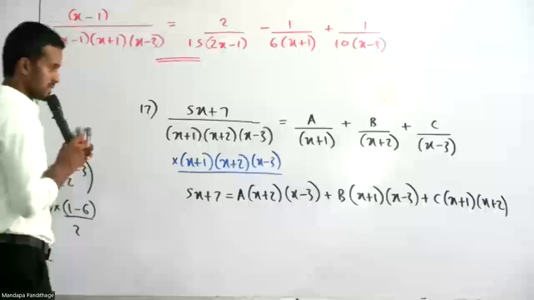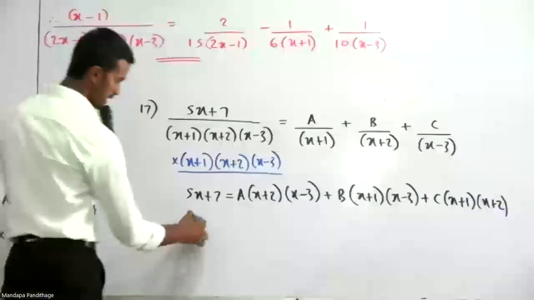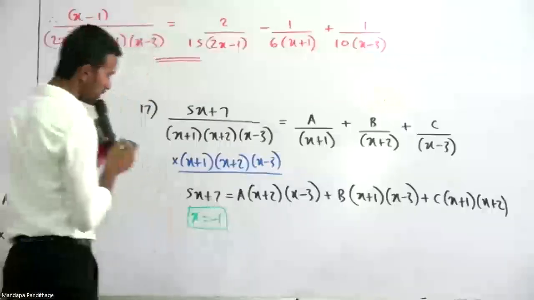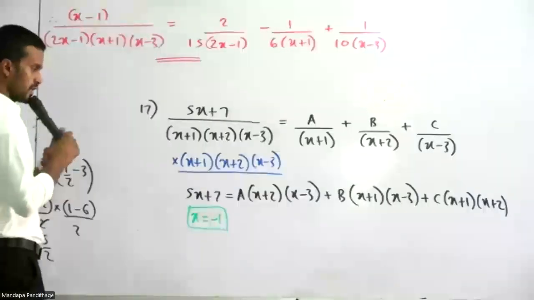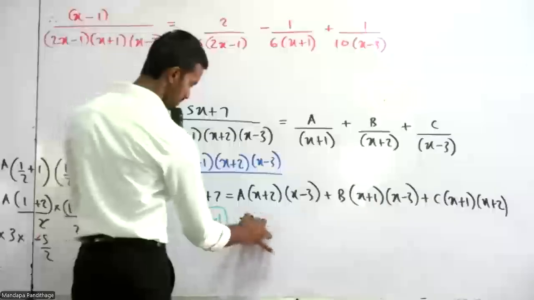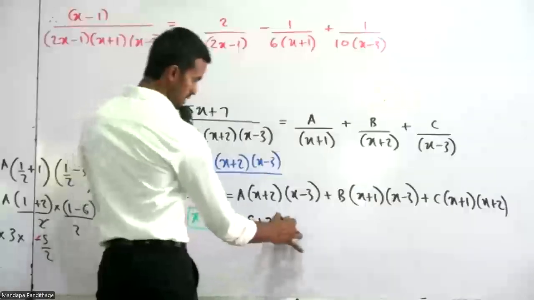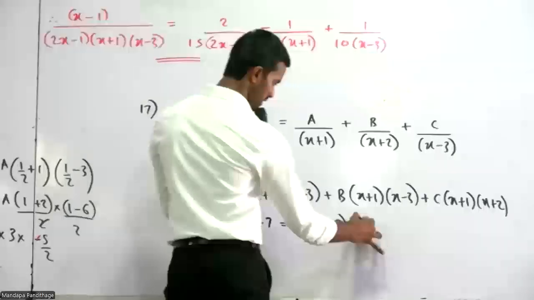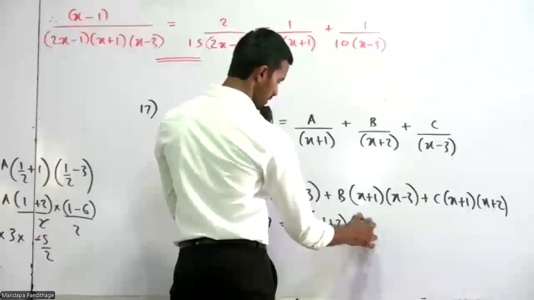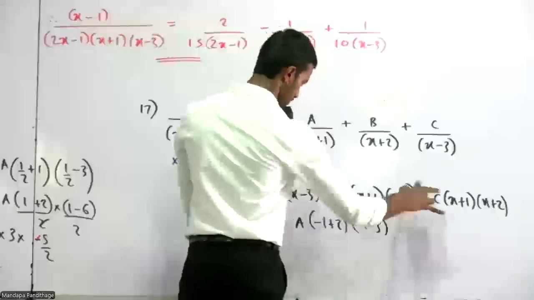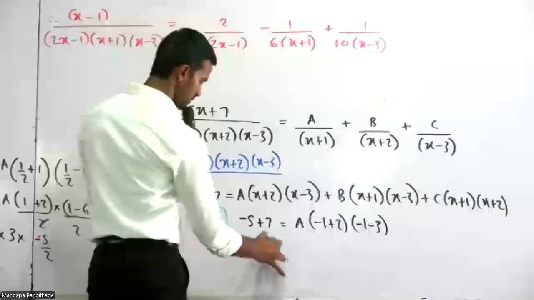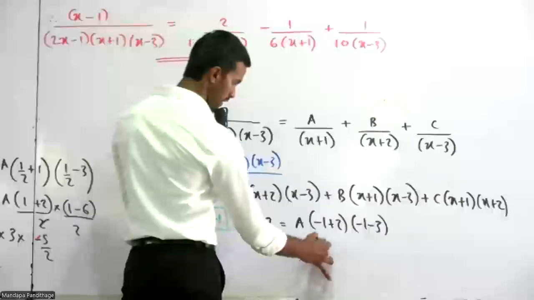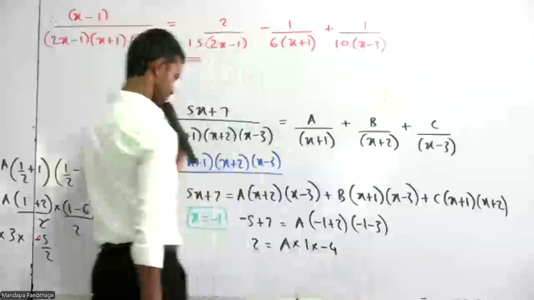Okay, so when you put x equals minus 1, here it's minus 5 plus 7 is equal to a into (minus 1 plus 2) and (minus 1 minus 3). Don't consider the other two, it becomes 0. So it's 2 is equal to a into 1 into minus 4.